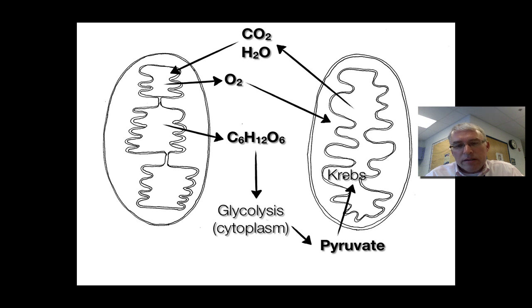Inside of the matrix of the mitochondrion is where the Krebs cycle is taking place, and remember, the Krebs cycle uses pyruvate, which comes from the cytoplasm because glycolysis is breaking glucose down into pyruvate. So altogether you can see how these molecules, especially carbon and oxygen, are cycling between chloroplasts and mitochondria in the metabolism of living cells.